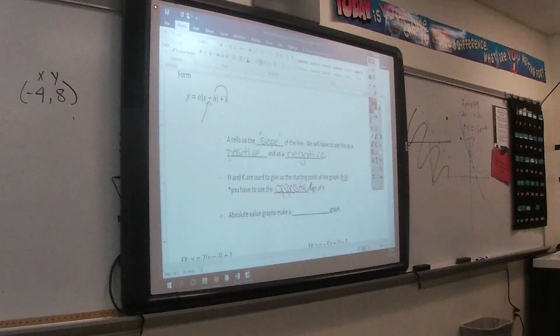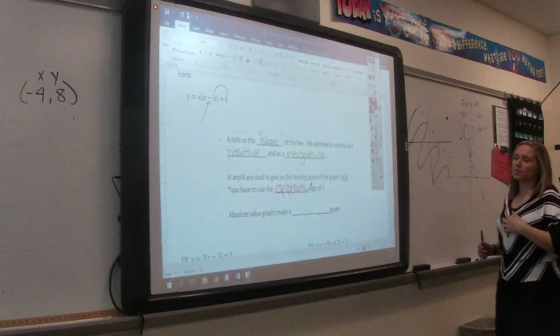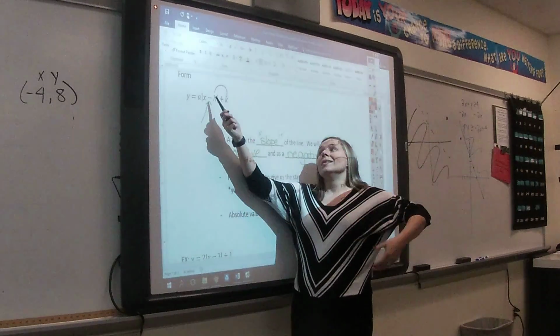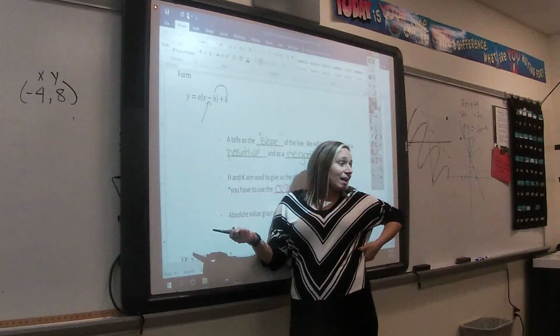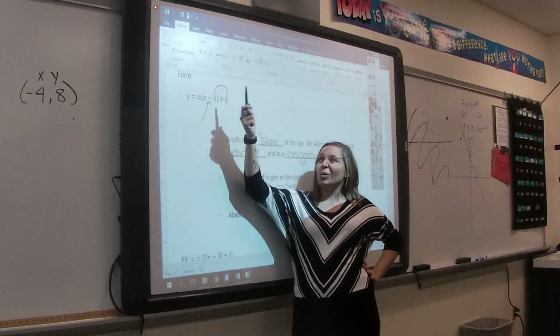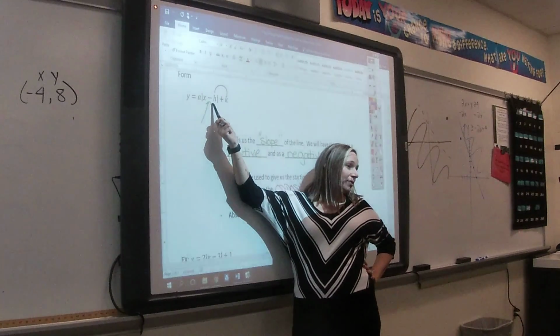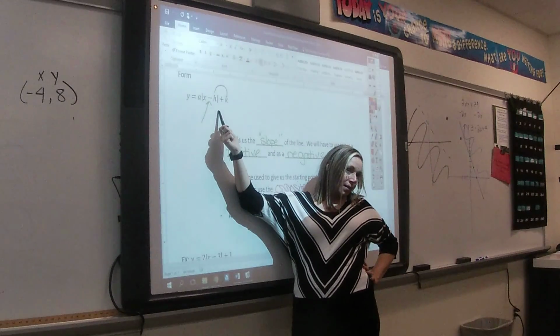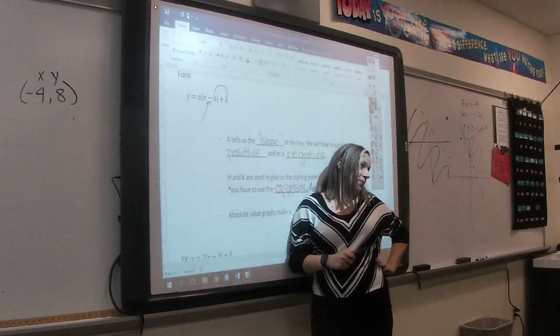I don't have a solution for you. It is confusing. The best thing I can tell you is just to know that that negative in the formula says to take the opposite sign. In point-slope form, we take the opposite sign of both the x and y value. Here we only take the opposite of the h, and the k stays the same.